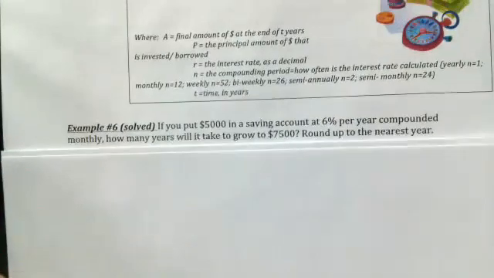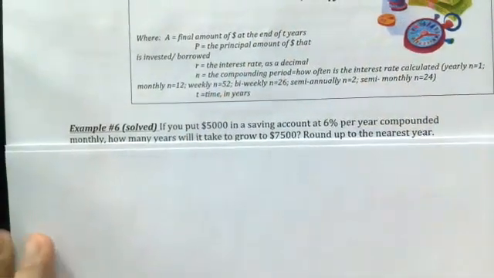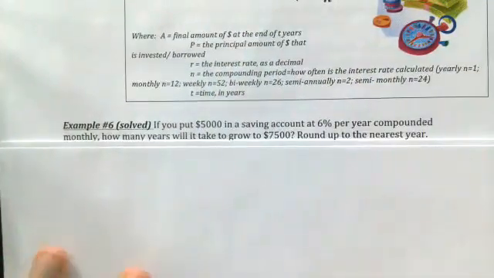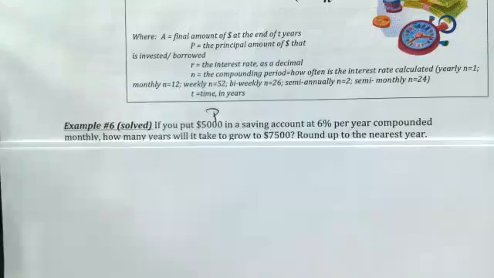If you put $5,000 in a savings account at 6% per year compounded monthly, how many years will it take to grow to 7,500? And then the answer needs to be rounded to the nearest year. So if you're putting money into a savings account, meaning you're investing, or I guess it's a loose term, investing, you're putting money, you're saving money. $5,000 is what we call the principal.